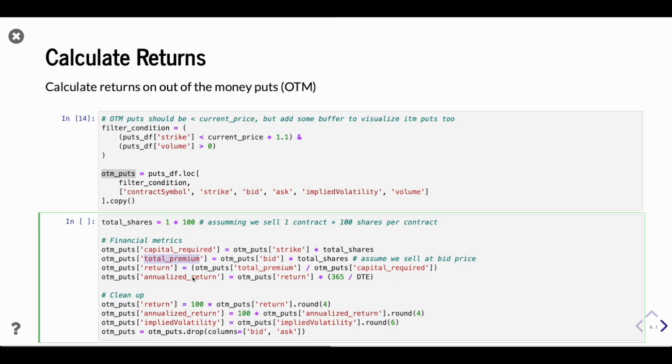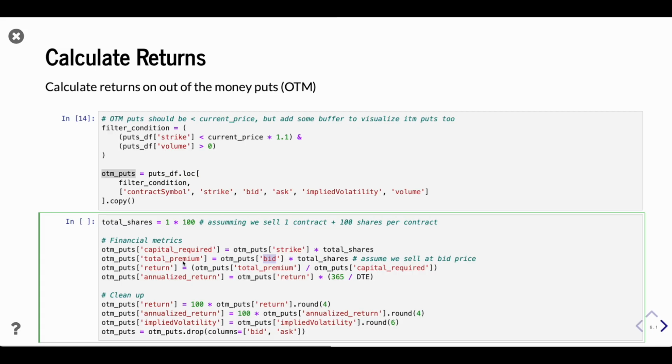Next, we need to calculate the total premium, which will be the option price that we receive times the total number of shares. And for now, we're going to assume that we sell at the bid price. So the bid price will be the lowest end, but in practice, you might sell closer to the ask price or maybe at the halfway point between the bid and ask.